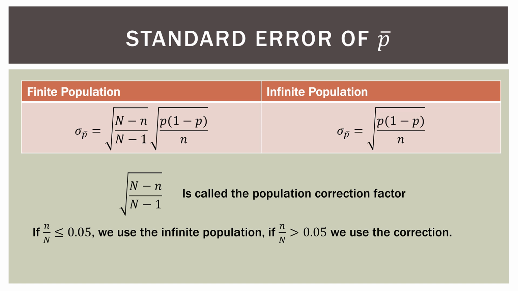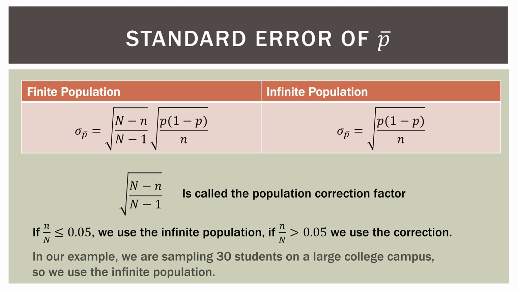Now, if small n over large N is greater than 0.05, we have to use that correction factor. Again, in practice, this is probably something you'll never have to encounter, but if you are doing small samples and small population work, then you'll have to keep this in mind. For example, if we're sampling 30 students on a large college campus, we're definitely going to use the infinite population standard error over here on the right.